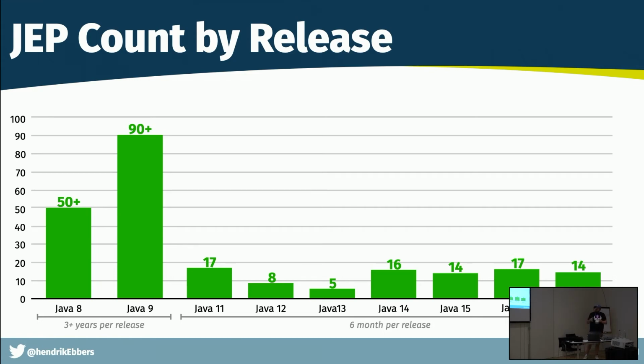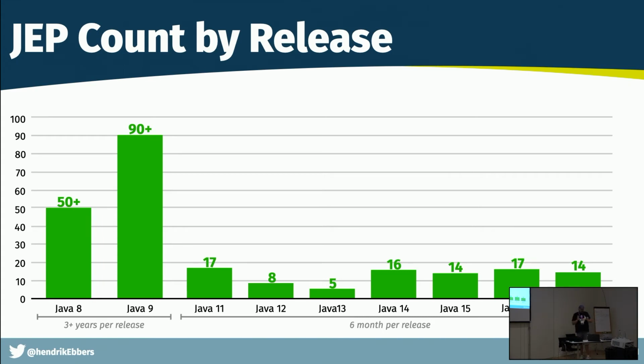Starting with Java 11, after 6 months, we had a new release. But you can see that there are about, I don't know, maybe 10 to 14 new features in each of the Java versions. And these features are really totally different.